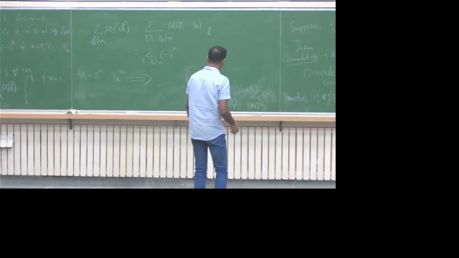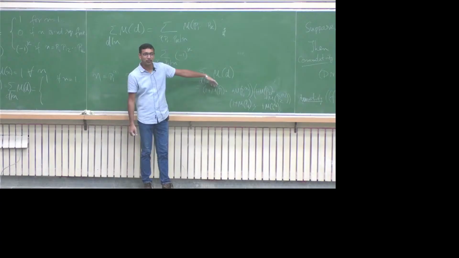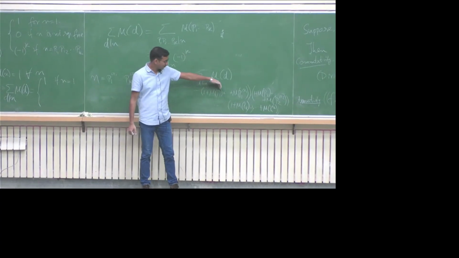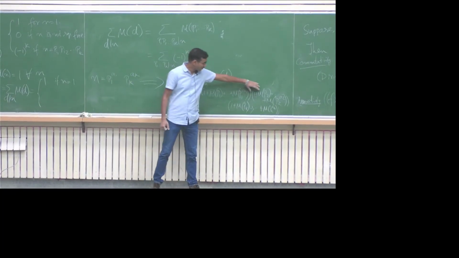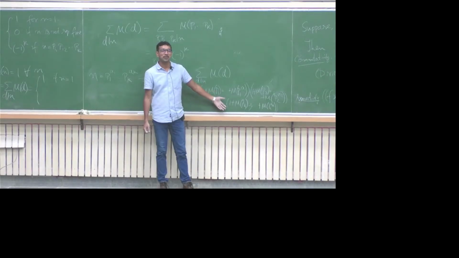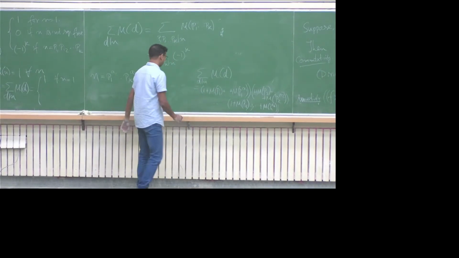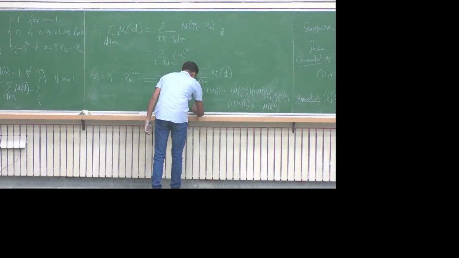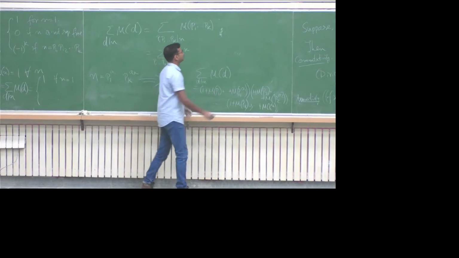Also, is this what we wrote there? It's basically the same thing, because all the higher powers vanish, and then you have 1 minus 1 here, 1 minus 1 here, 1 minus 1 here. So it is basically 0.